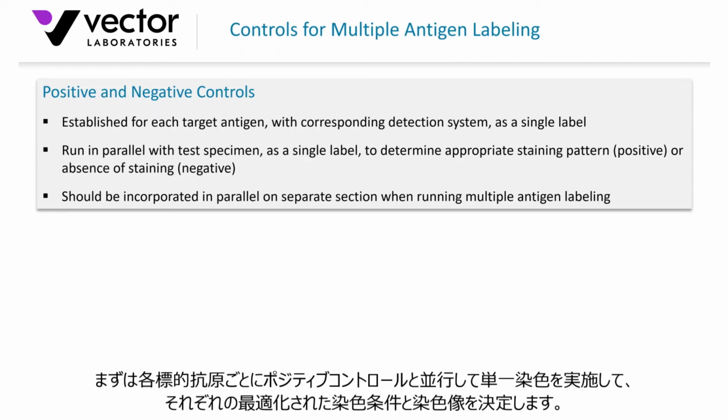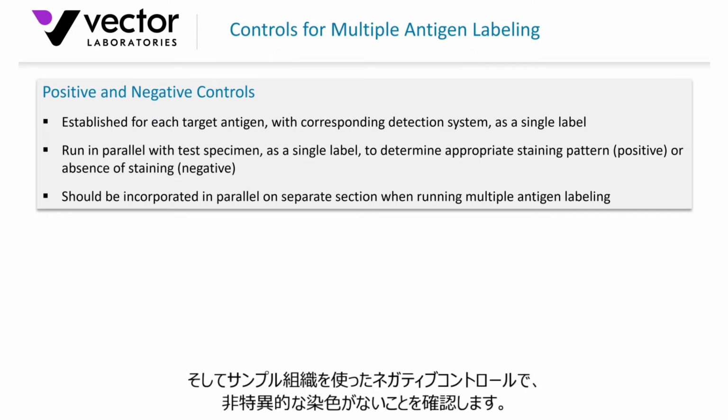Run them in parallel also as single labels to determine the appropriate staining patterns you're getting, both for the positive control, yes, those cells are positive, and then compare that with your unknown or your test specimen, and have a look also at the absence of staining with the negative controls too.